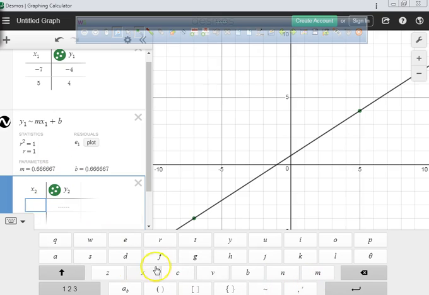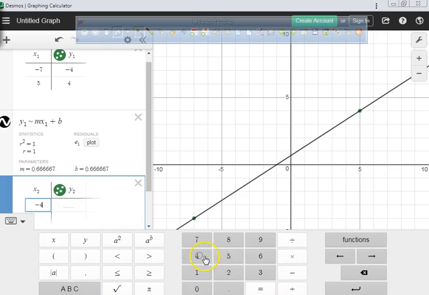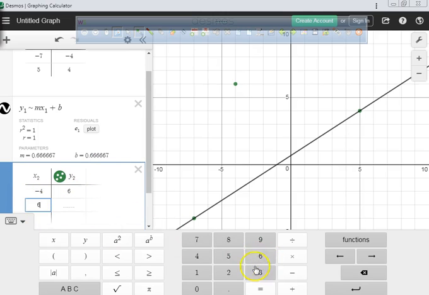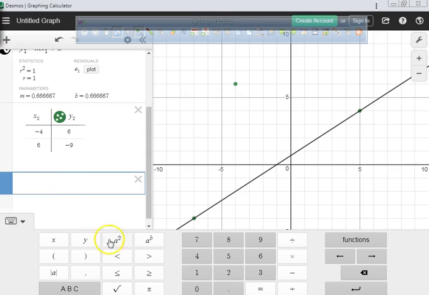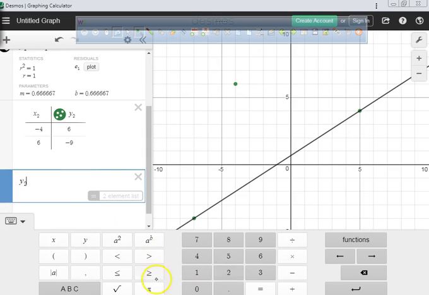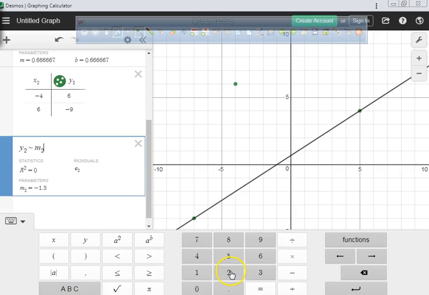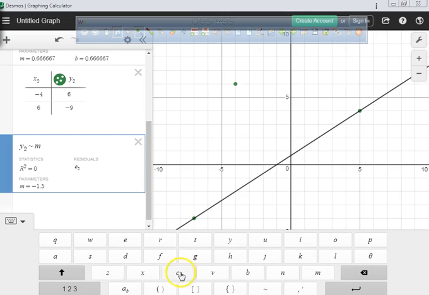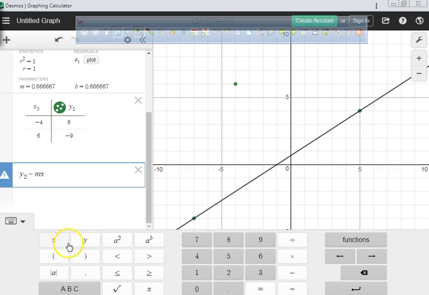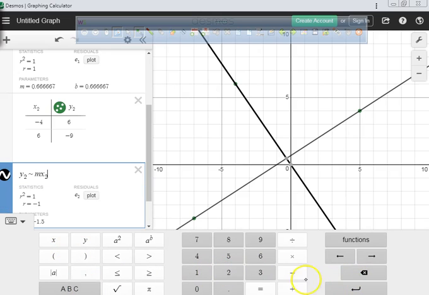Here we go. -4, 6, and a 6, and a negative 9. But to be able to interpret this, I'm going to have to type in y2 tilde m x2 plus b.